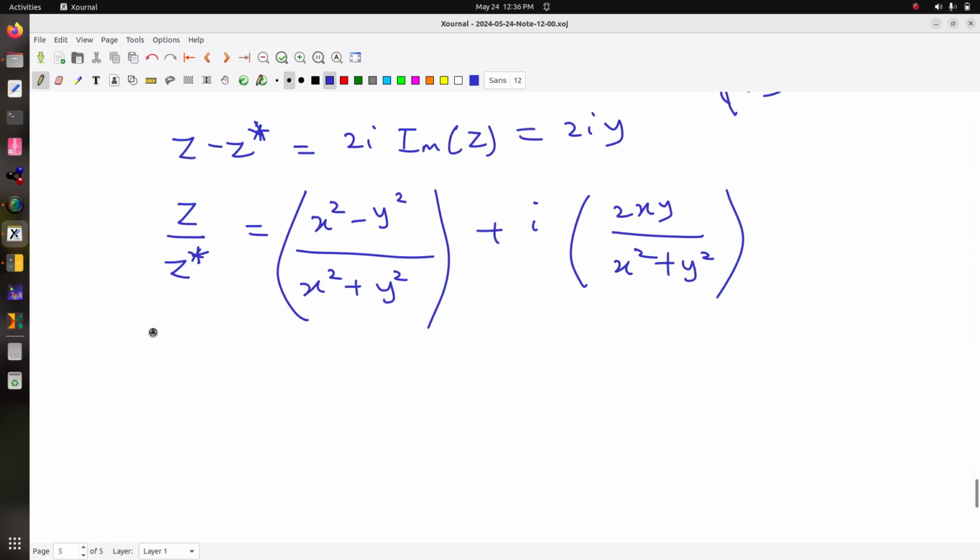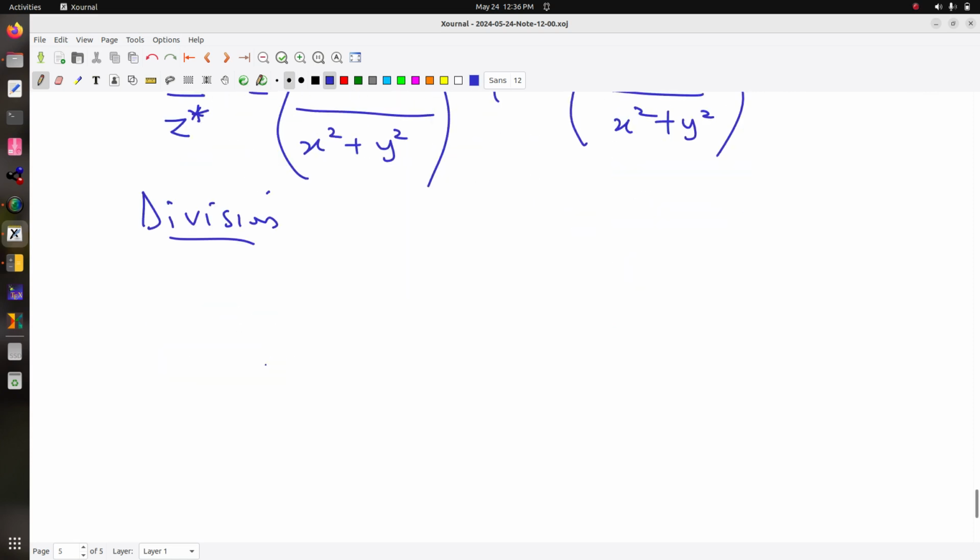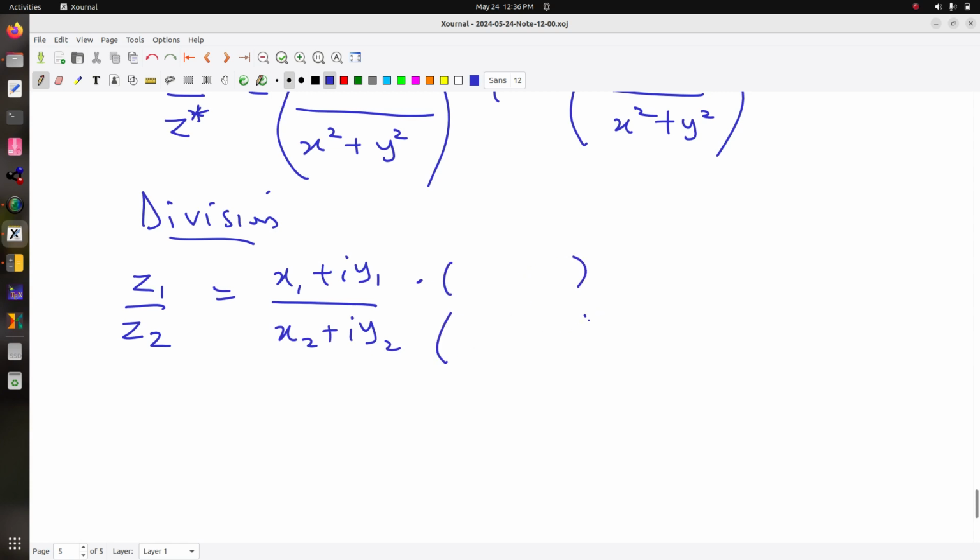All right, so let's look at division here. If you have two complex numbers, z1 and z2, and you want to divide z1 by z2, where z1 is x1 plus i y1 and z2 is x2 plus i y2, you multiply both the numerator and the denominator by the complex conjugate of the denominator.